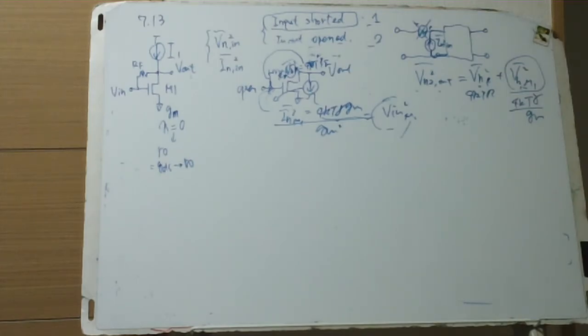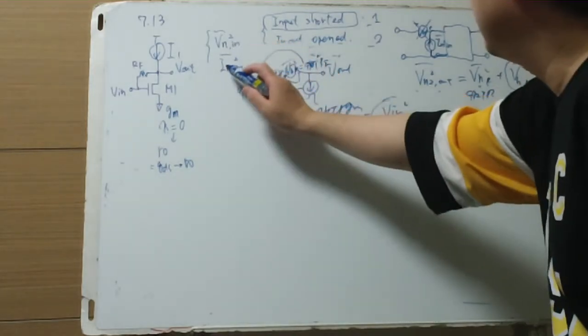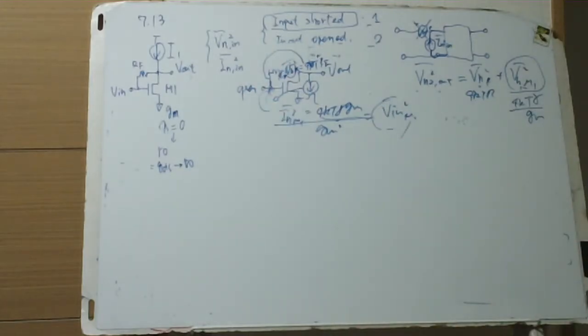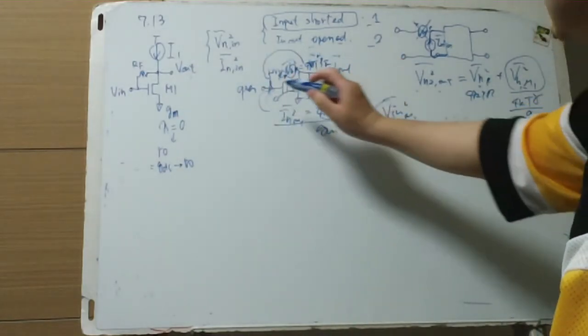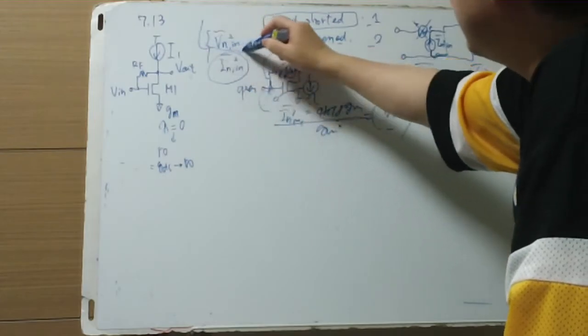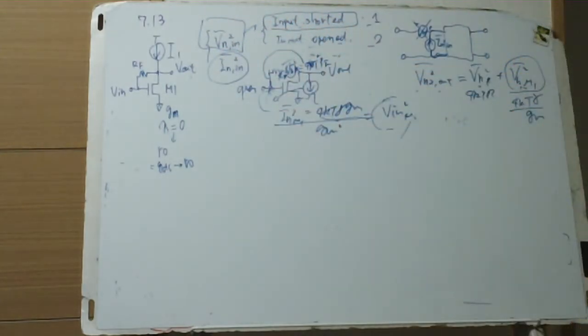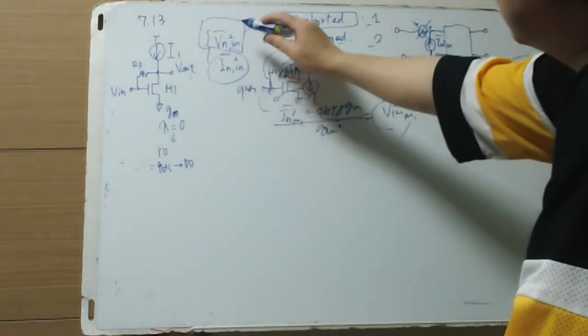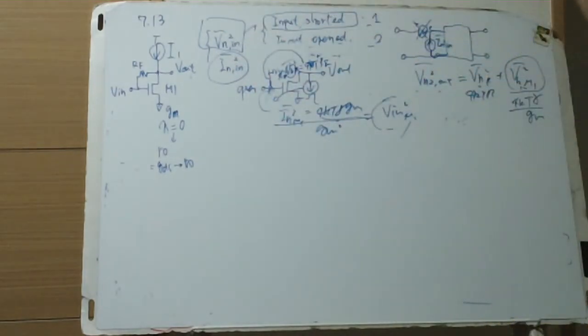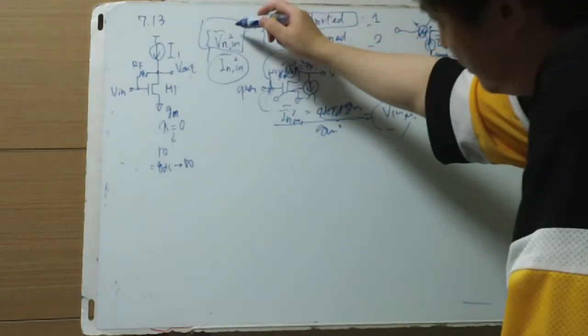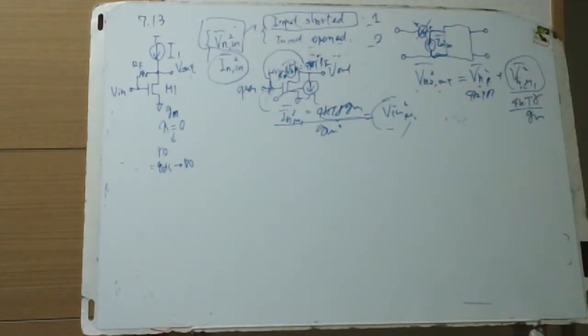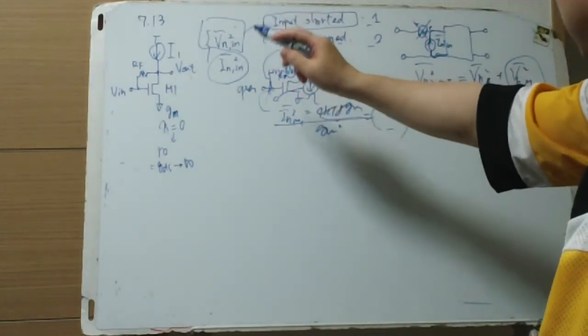Then what's next? We need to calculate this and this, and using this we can get this, and using another input shorted case, applying voltage gain, we can derive the expression for Vn in squared bar.